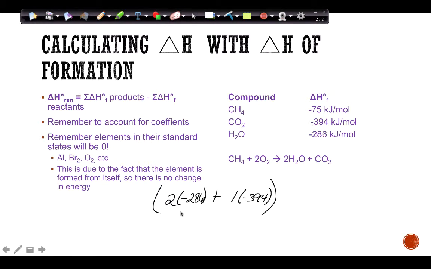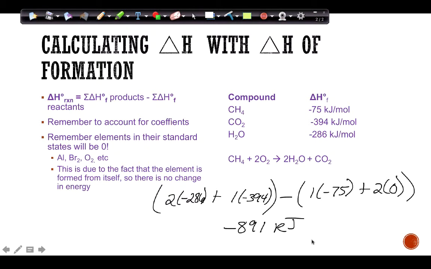So that would be my products minus my reactants. So CH4, I've got 1 of those times negative 75 plus my oxygen. Well, oxygen's not given because oxygen is in its standard state, which means that its formation should be 0. All right, so now basically just multiply it out and add it together. So you get negative 891, and that's going to be kilojoules for this reaction.